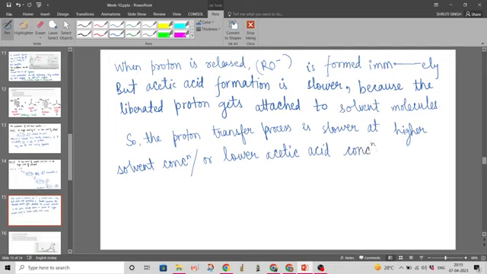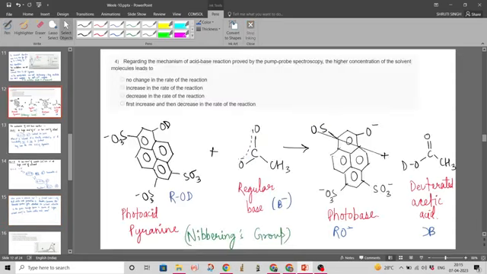Okay, so that's what was asked in the question: regarding the mechanism proved by the pump probe spectroscopy, the higher concentration of the solvent leads to a decrease in the rate of the proton transfer.